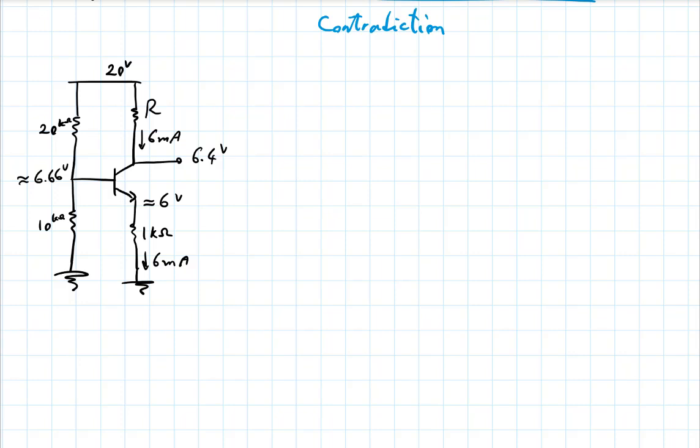Will I just have this output voltage go down further? 6.3, 6.2, 5.8. By the time this R has reached, like we had before, 10 kilo ohm, this will be at minus 40. Is this what's going to happen?